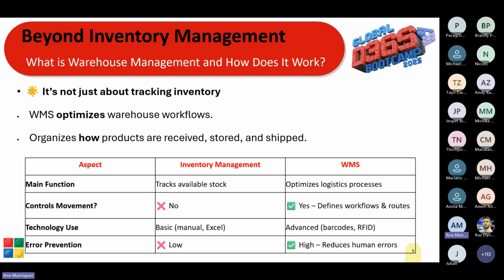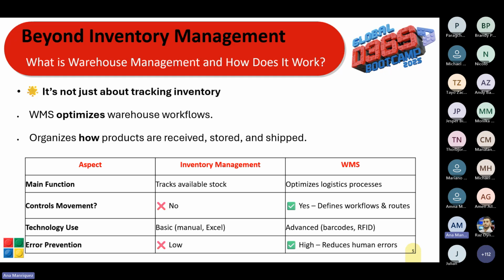Think about Walmart or a market in your country. If they're using only inventory management, they could receive goods without a strict place, just register them in the system. But with a structured WMS, the system will allow perishable products like meat or dairy to be received in a different section than the cosmetics section. They will guide the process and ensure this product goes straight to the cold storage to maintain the cold chain.